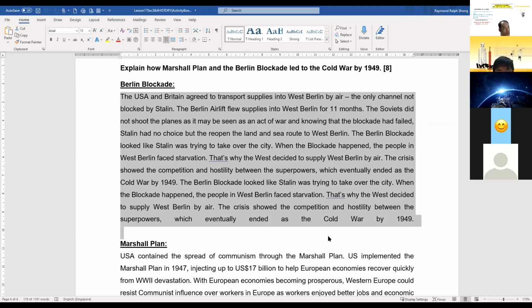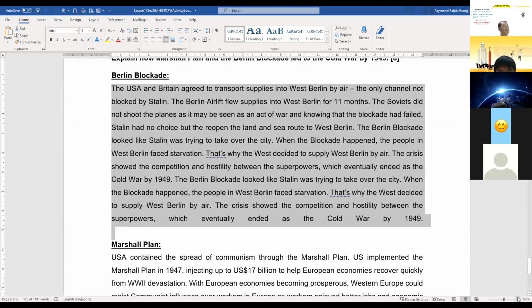The Berlin blockade looked like Stalin was trying to take over the city. When the blockade happened, the people in West Berlin faced starvation. That's why the West decided to supply West Berlin by air. The crisis showed the competition and hostility between superpowers, which eventually ended as the Cold War by 1949.